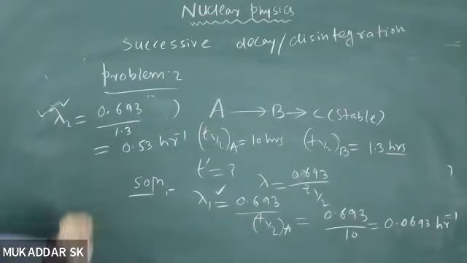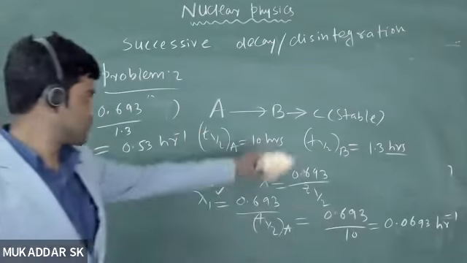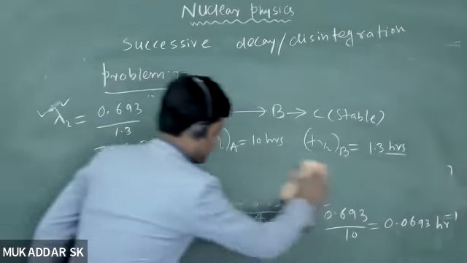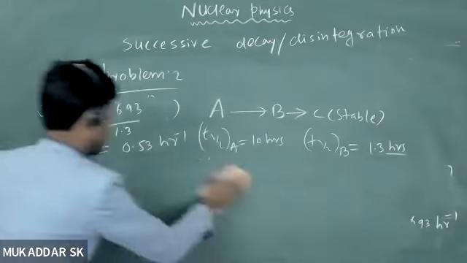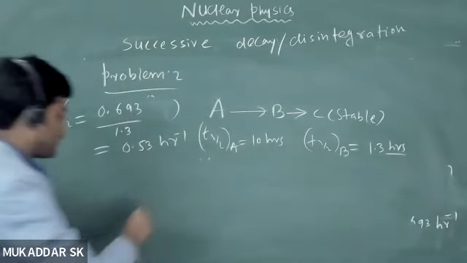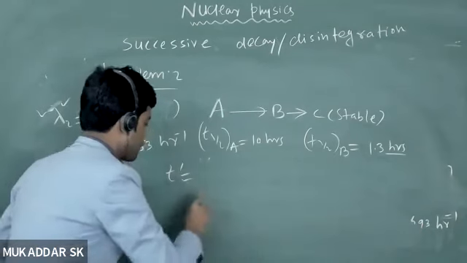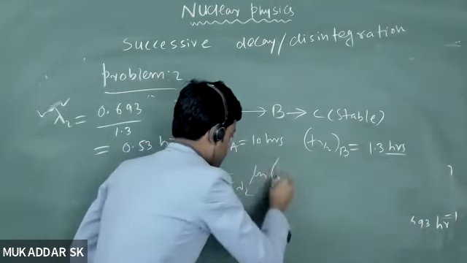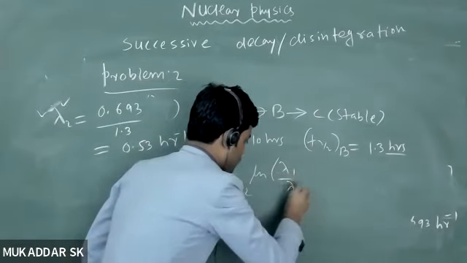So now I can calculate the time at which B nuclei will be maximum. So we'll have T dash, and that is 1 by lambda 1 minus lambda 2 ln lambda 1 by lambda 2.